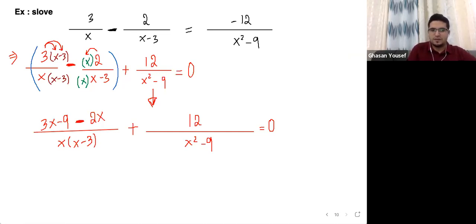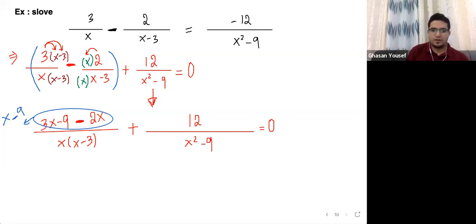Now we can simplify this here. 3x minus 2x is x, and the minus 9. So this is equal to x minus 9. Again, 3x minus 2x is 1x, and the minus 9 goes up.